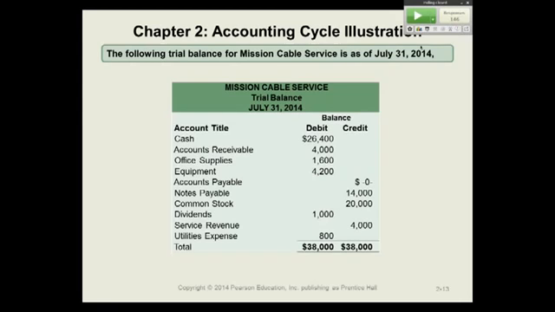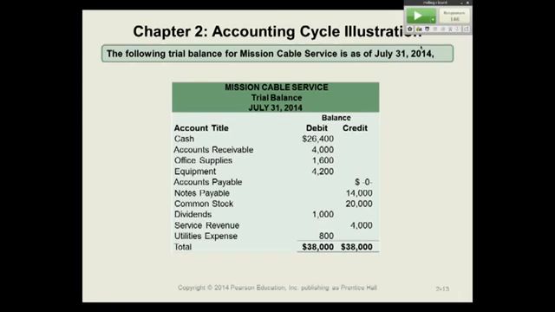This is how you build a trial balance. You take the debit balances first, and then the credit balances. So you start with cash of 26.4, accounts receivable of 4, office supplies 16, and equipment of 42. You take those and you put them into the trial balance. A trial balance is a listing of all accounts in debit and credit columns.